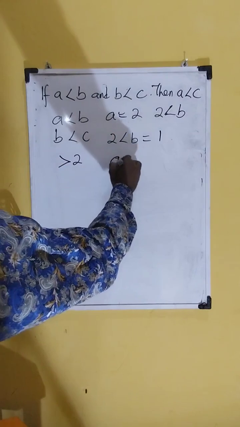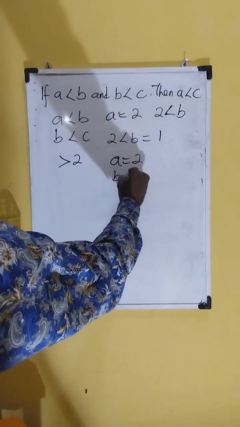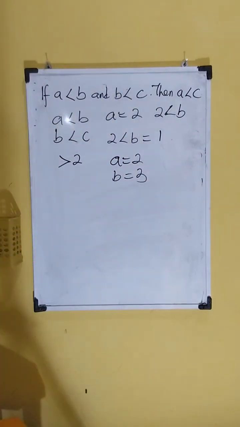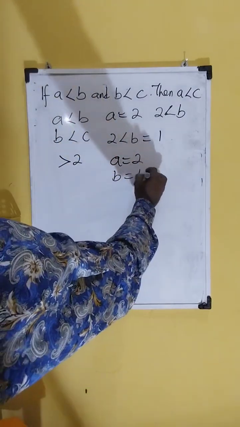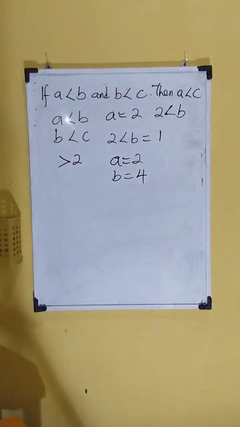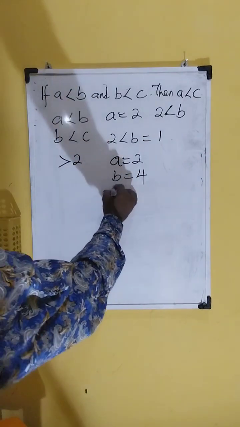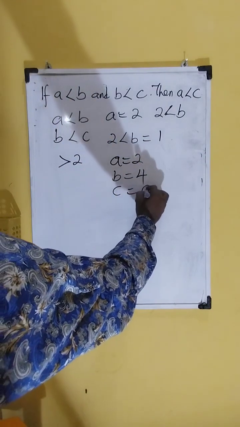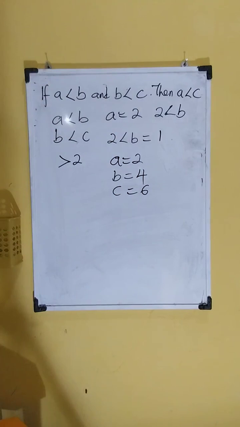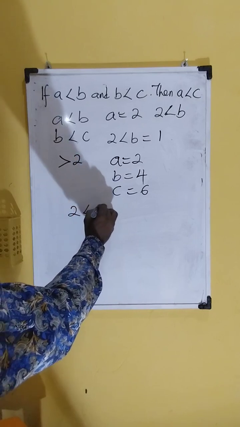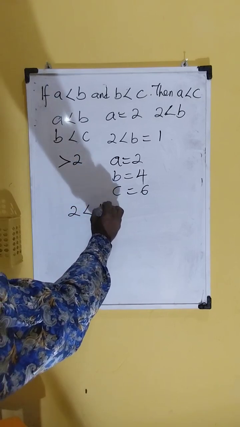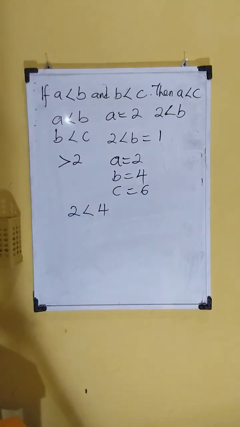All right, so A is equal to 2. You say B is equal to what? B is equal to 4. Then C is equal to, let's say, 6. Then the question is: 2 is less than 4, which is okay.